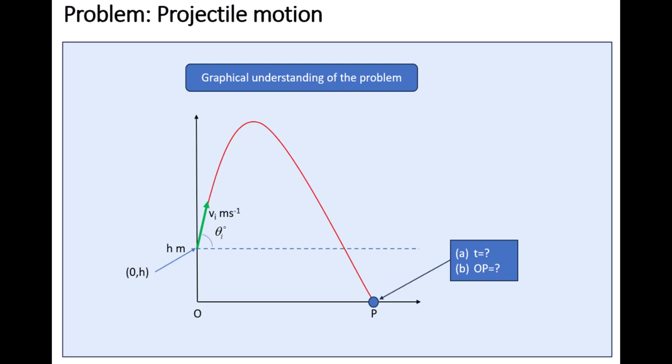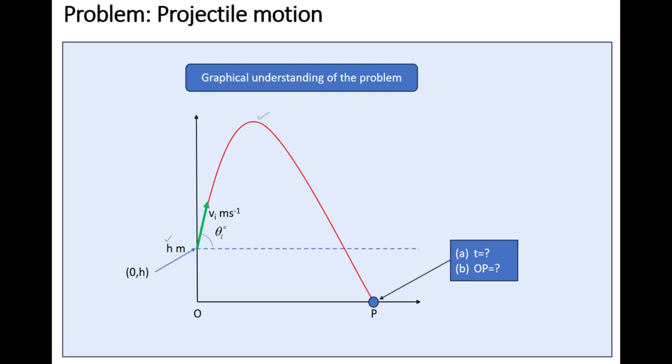In the picture, I have drawn a projectile path, which is a parabolic path. Let's take an example of somebody standing on the roof of a building, such that the height of the building is h meters.